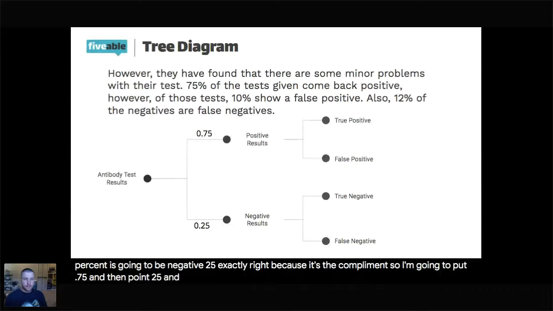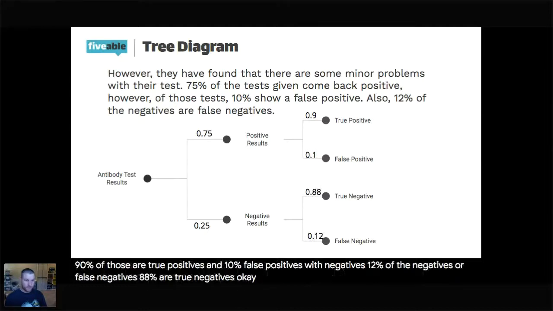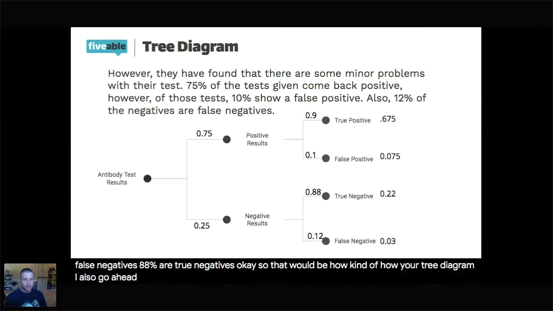And it says of the positives, 10% show a false positive. So that means that 90% of those are true positives and 10% false positives. With negatives, 12% of the negatives are false negatives, 88% are true negatives. Okay, so that would be kind of how your tree diagram looks. I also go ahead and stress to calculate the and probabilities down the side.